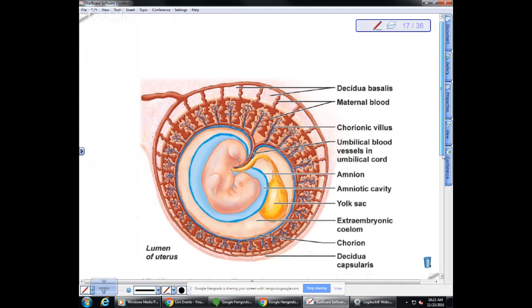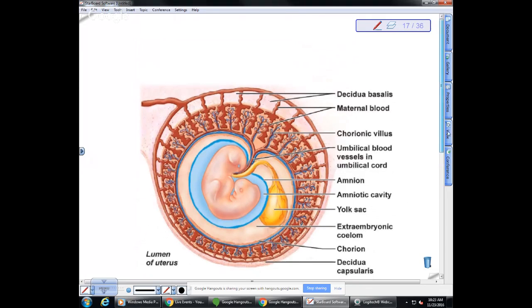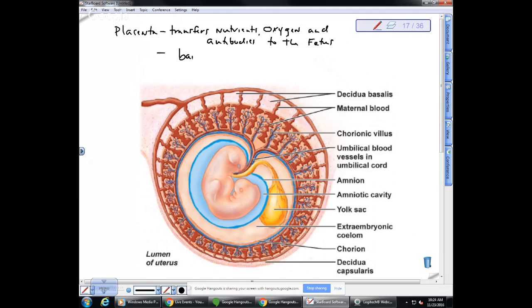So when we look at the placenta, we see that there is a barrier, right? So the placenta is what transfers nutrients, oxygen, and antibodies to the fetus. But there is a barrier, right?